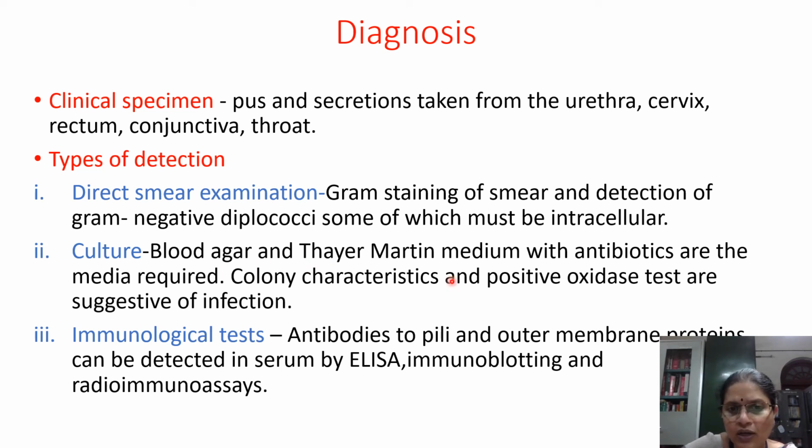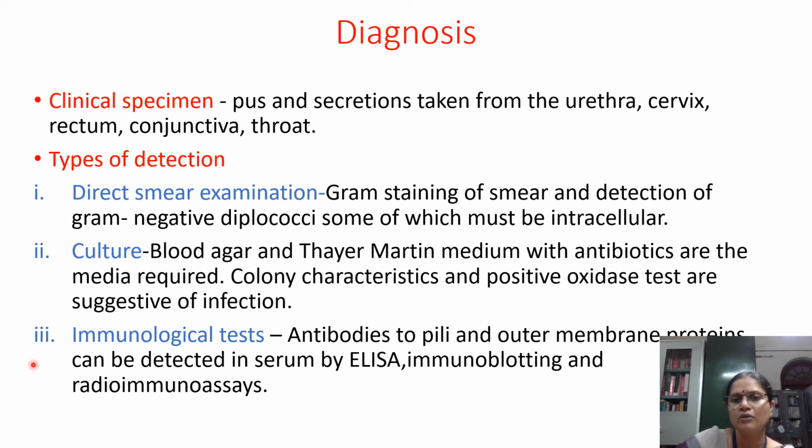You observe the colony characters of this organism, and also from that again you can go for gram staining and see the diplococci, and of course you can also do the oxidase test, and if you get a positive oxidase reaction with this culture that is grown on the selective media, it is suggestive of gonococcal infection.